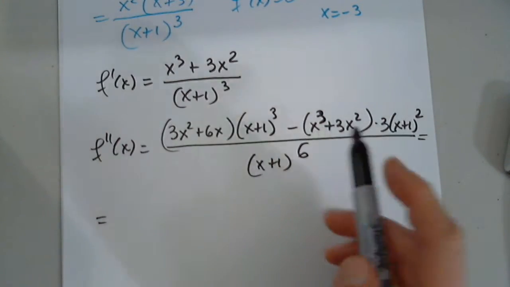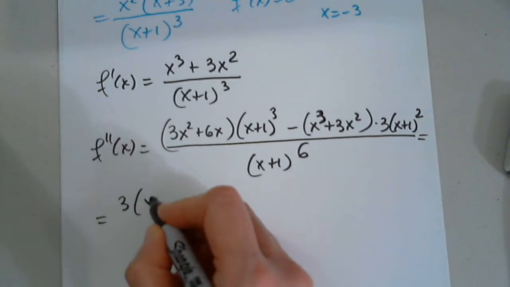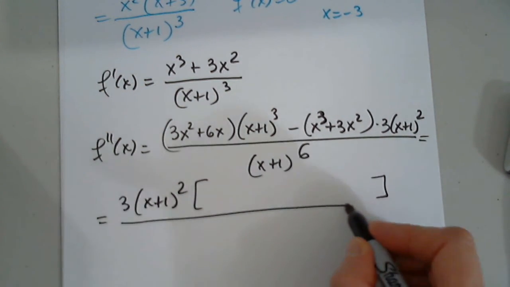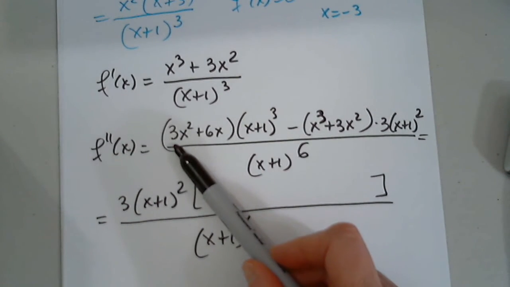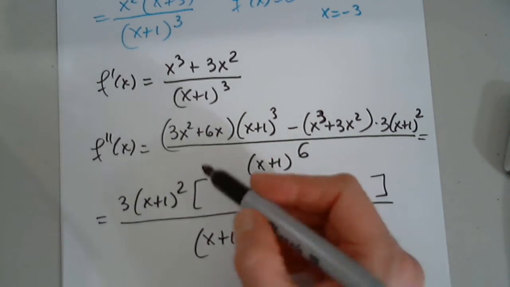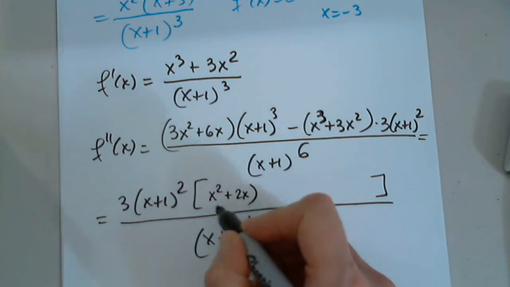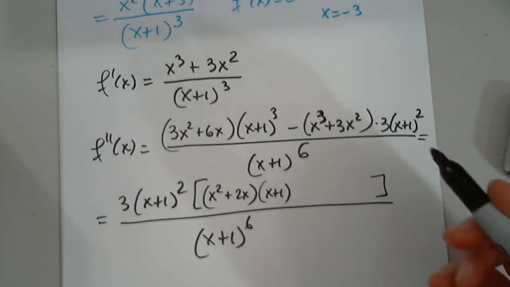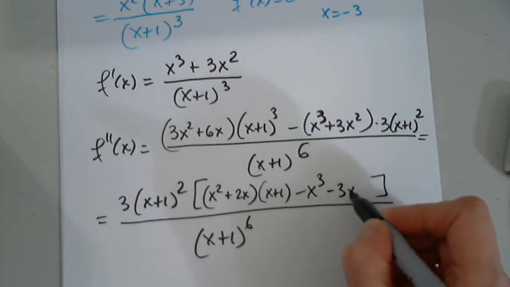Okay. I will factor out an x plus 1 squared and also a 3. So 3 is out. So I have x squared plus 2x times x plus 1, this is out, minus x cubed minus 3x squared.